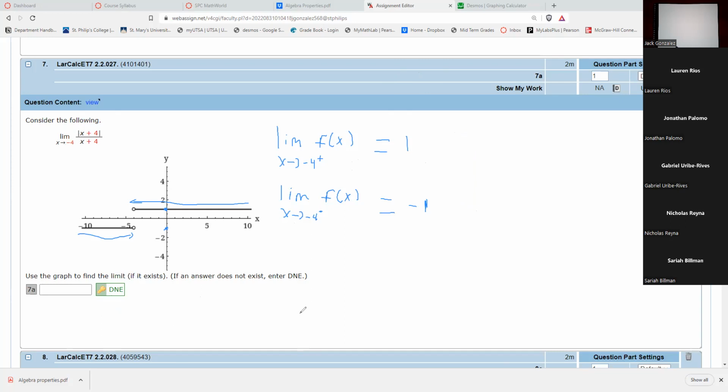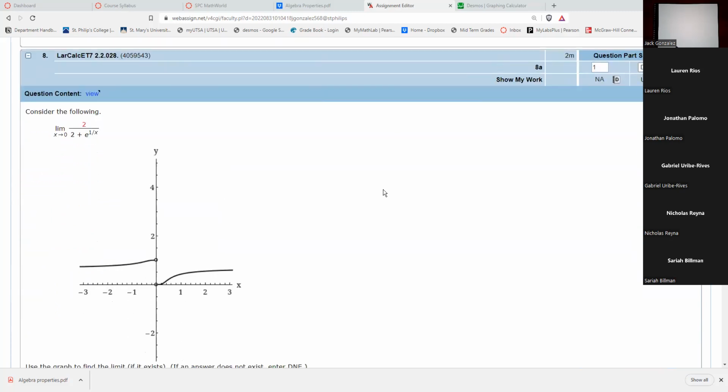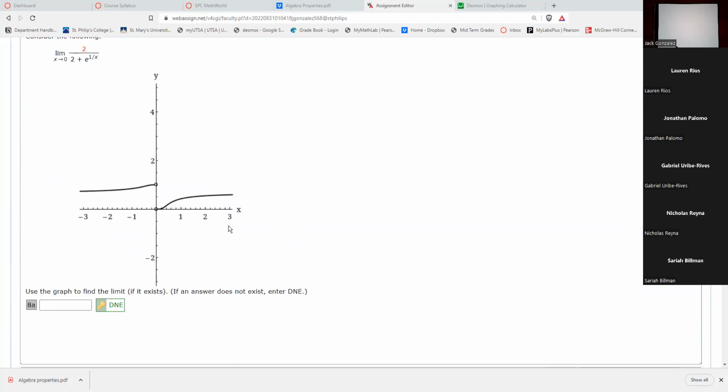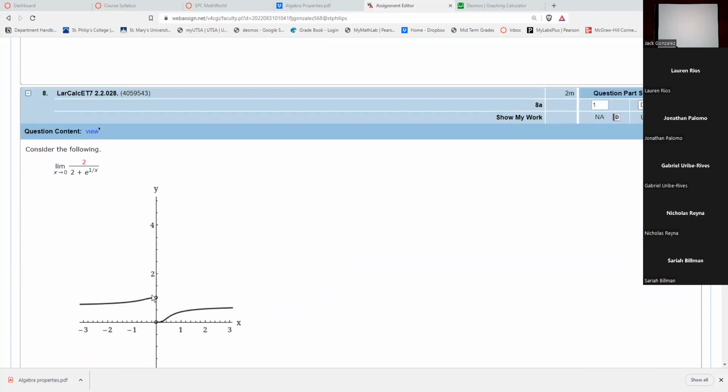Yes, that makes sense. And there are definitions in the book. They'll tell you the actual requirements for existing and not existing, but that's the main one. That's all you gotta remember. If it's different from the right and left, does not exist. So you tell me right away. Do you think this one exists? Like by looking at the picture, as x goes to 0, what is the left-handed limit?